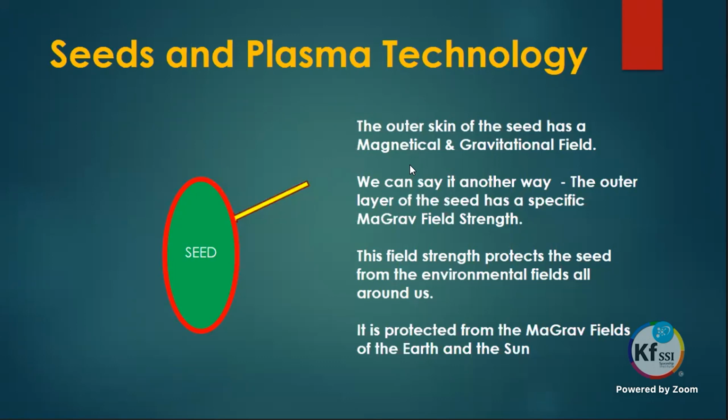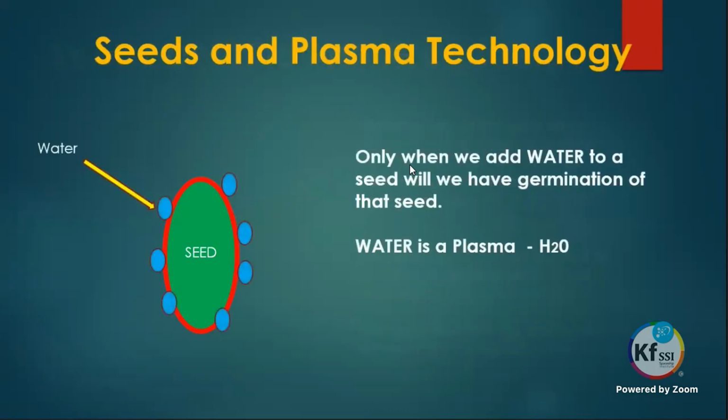So it's this magnetic gravitational field which protects the seeds from the fields of the earth and the sun until other factors are added to create the right conditions. And that other factor we add is essentially the water. We get the germination of the seed happening only when we add the water.